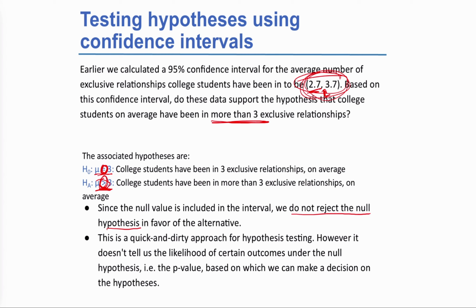So hypothesis testing allows us to be more specific in some ways. Hypothesis testing gives us a p-value, which is the probability that we get the results that we get if the null is true. And we use that to make a decision.